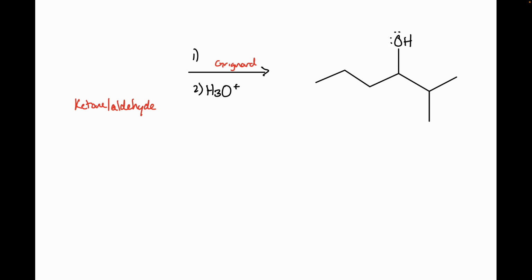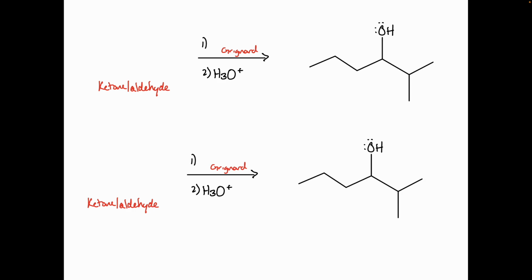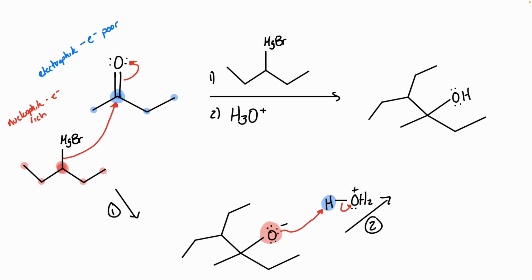All right, like I said, there are two different ways that we could do this, so I'm going to put them both next to one another. If we look back at our previous example, our new bond that we formed was between what used to be our carbonyl carbon and the carbon that was bound to the magnesium in my Grignard.